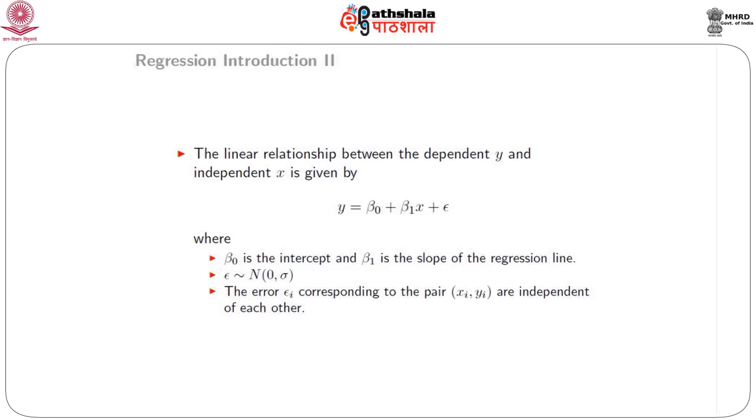Epsilon is the error term, where we assume that epsilon has a normal distribution with mean 0 and variance sigma square. The error epsilon i corresponding to the pair xi, yi are also assumed to be independent of each other.